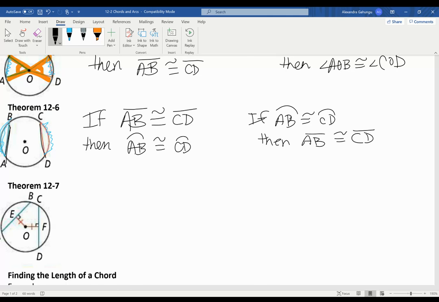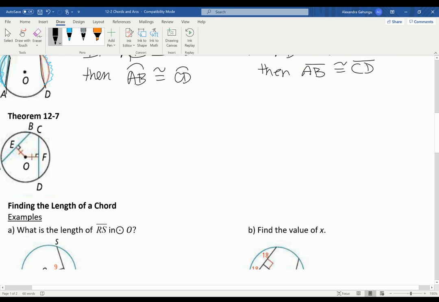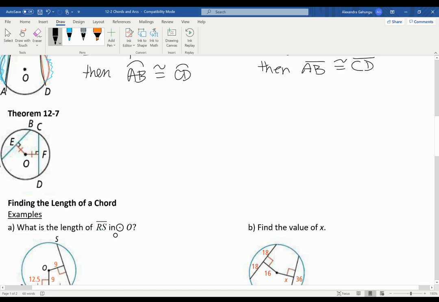And then the last theorem: if we have chords that are equidistant, so our chords AB and CD are equidistant, the same distance away from our center, then we know that they're congruent.